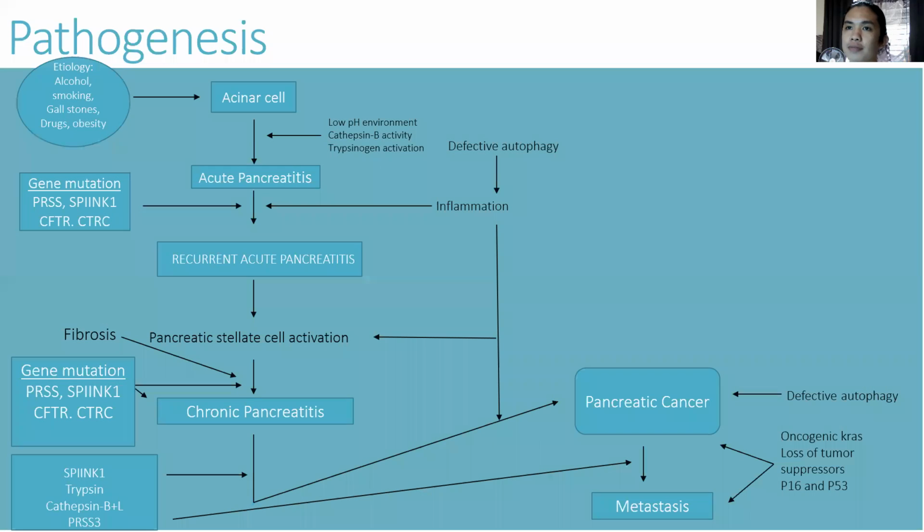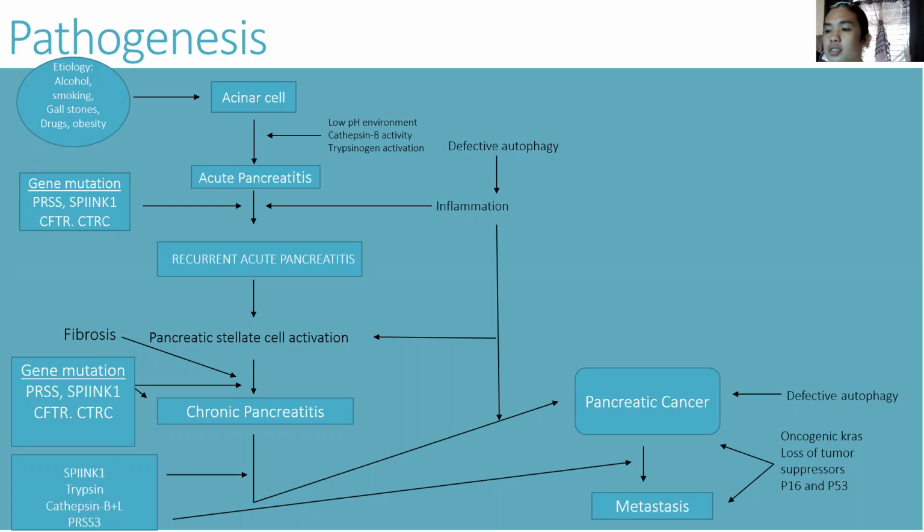The pathogenesis. Pancreatitis starts with initiating factors: alcohol, smoking, gallstones, drugs, obesity. Well, it changes the cellular environment and causes premature digestive enzyme activation. Mutation of genes associated with trypsinogen activation or inactivation predispose the pancreas to development of the disease.